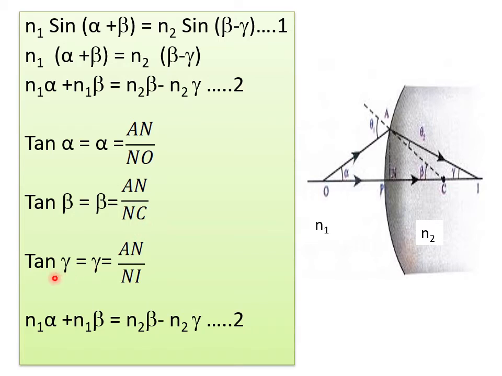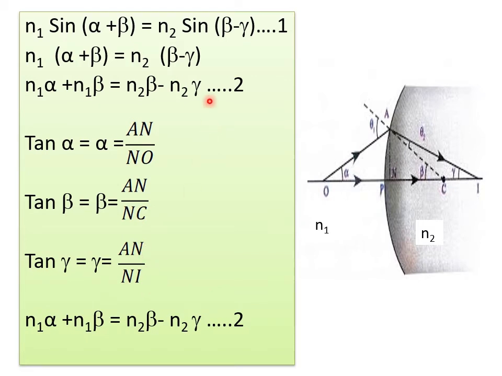Next you go to tan gamma. Here it is your gamma. Here also you have to take I, the image. So for that you consider the triangle ANI. For this, children, opposite is AN and adjacent is NI. So tan gamma is equal to gamma, that is equal to AN by NI.